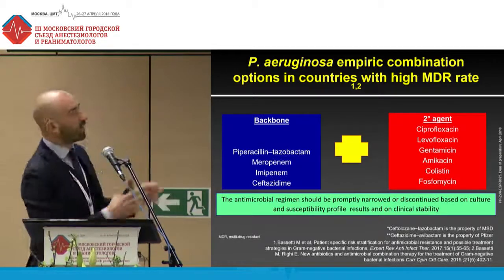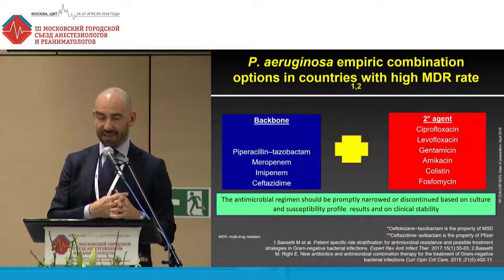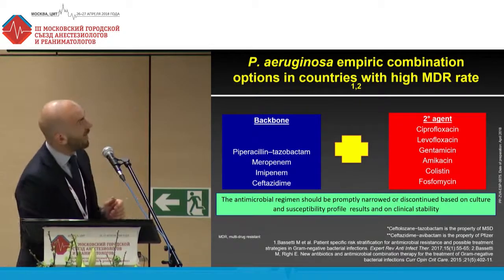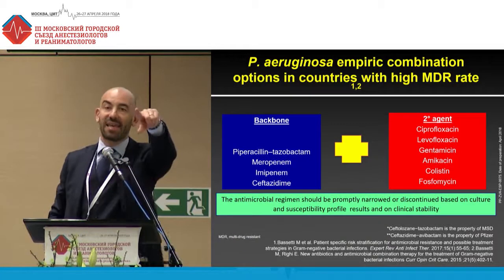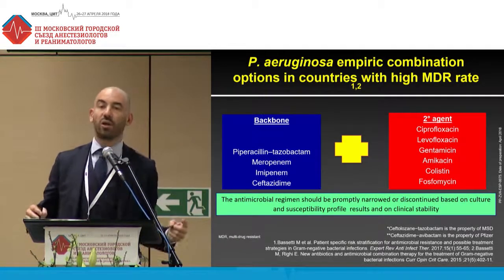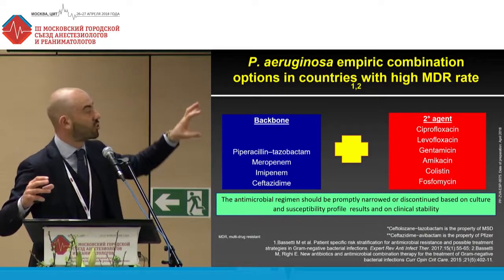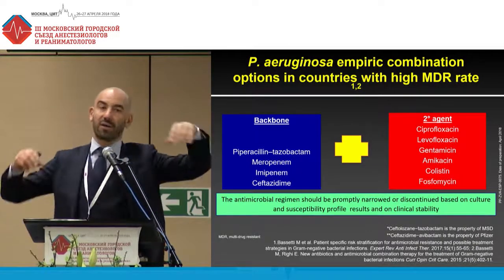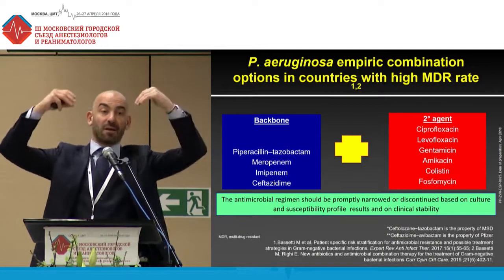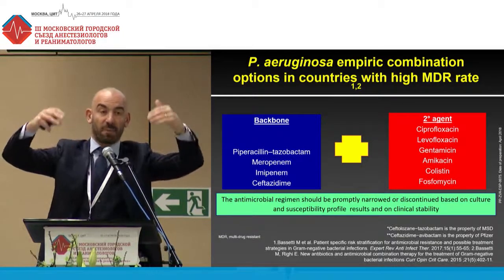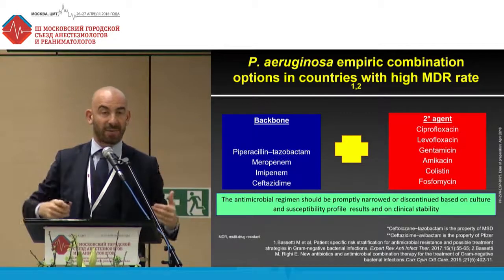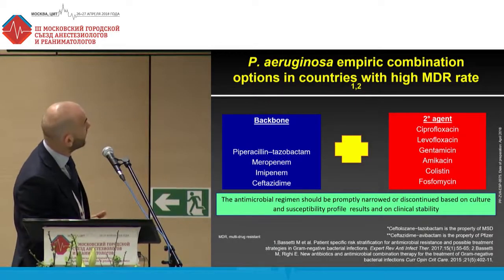So, if you have to target Pseudomonas in a country with a high MDR rate, like in Russia, what can we combine? You remember the slide that I showed you before? The one where we have meropenem, pip-tazo, doripenem, and meropenem. Now it is more or less the same.